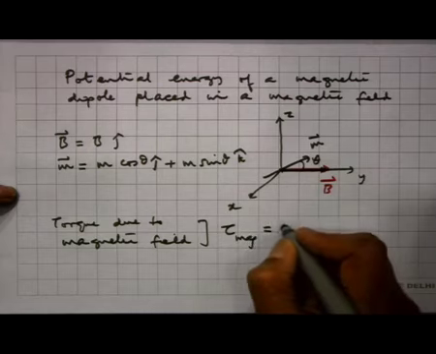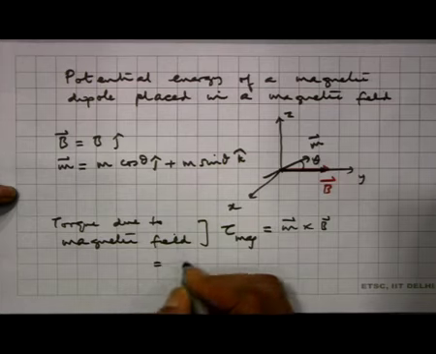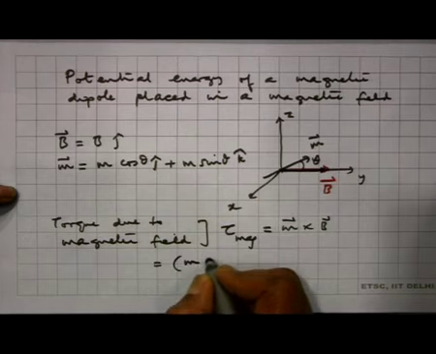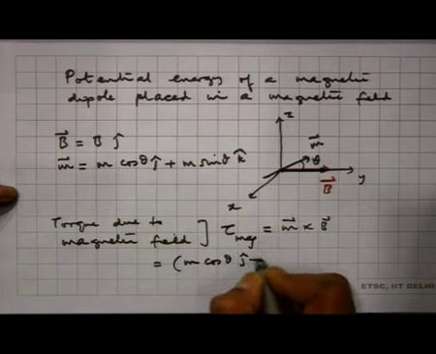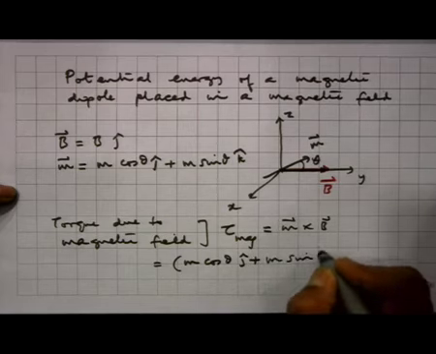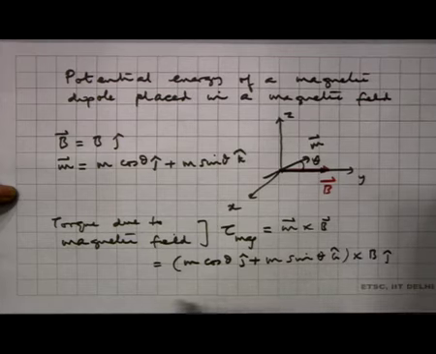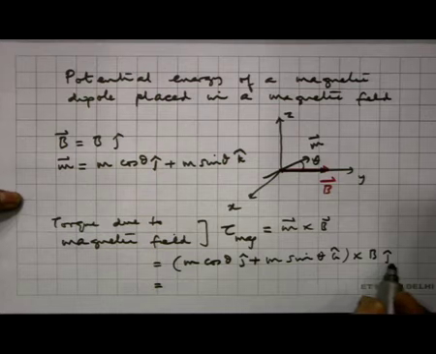So, torque due to magnetic field is equal to m cross B, which is equal to m cos theta j cap plus m sin theta k cap, cross B j cap. J cap cross j cap is 0, k cap cross j cap is minus i cap.